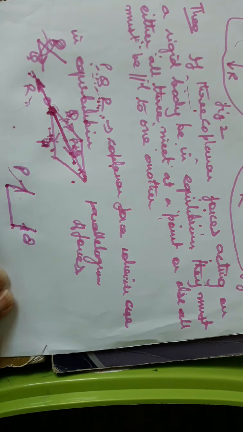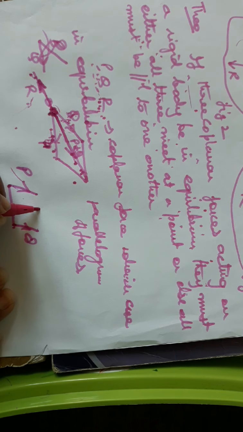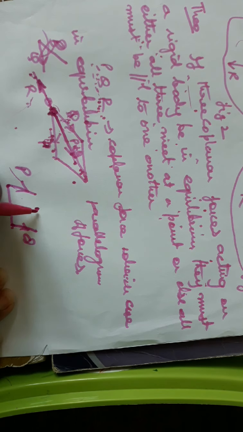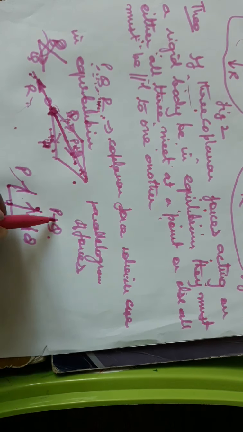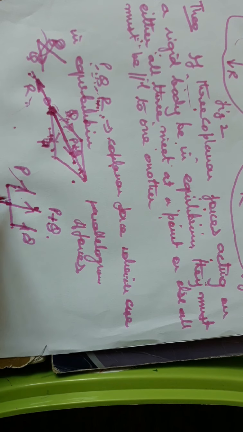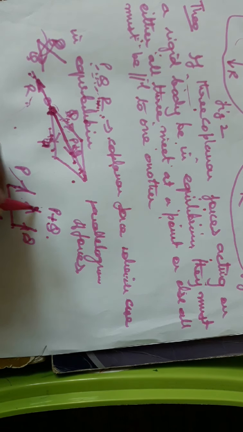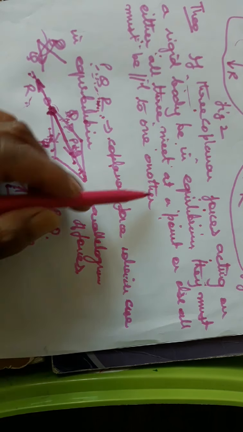Then their resultant P plus Q is also parallel, acting along this line, and R, the third force, must balance it, acting along the same line of action but in the opposite direction. So forces P, Q and R are all parallel to one another.